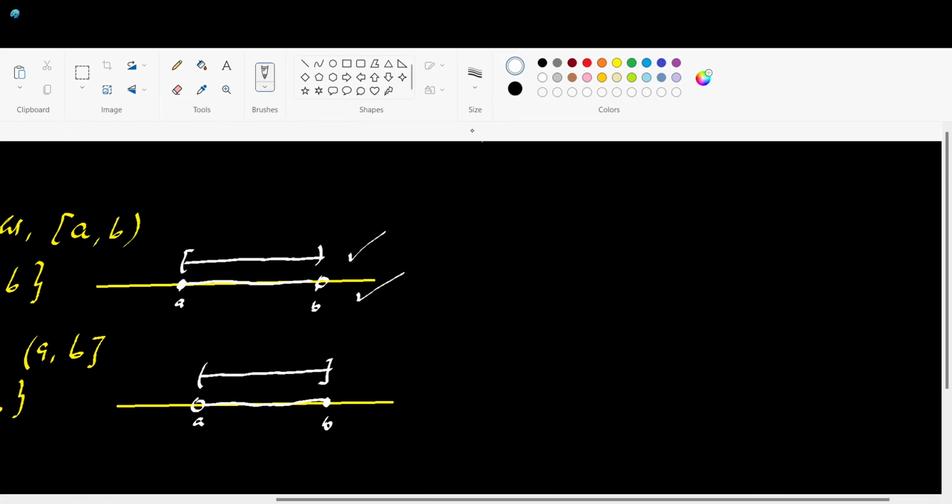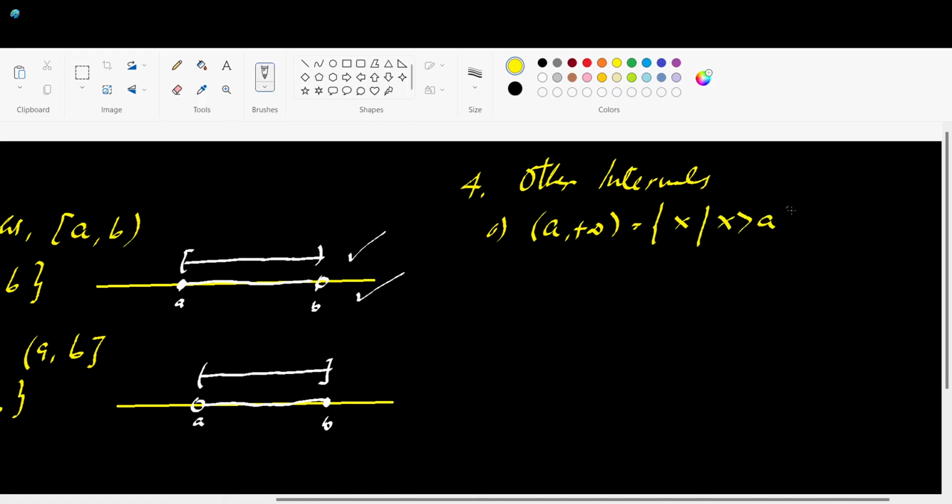So we have other intervals. We have (a, positive infinity). It will be the set of all x's such that x is greater than a. Or [a, positive infinity), the set of all x's such that x is greater than or equal to a.